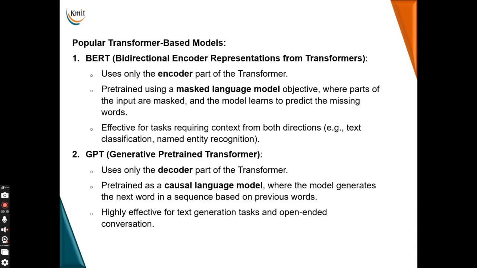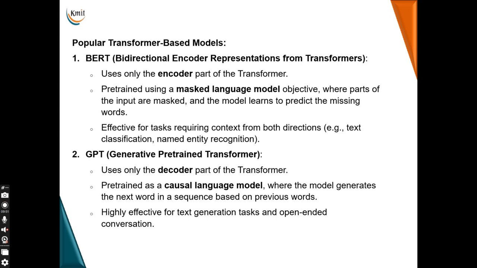And what are the popular models which we know which are based on the transformer mechanism? First one, BERT. During natural language processing, you might have worked with BERT. So BERT uses the transformer and it has only the encoder part of the transformer, and it is very effective for tasks requiring the context from both the directions.